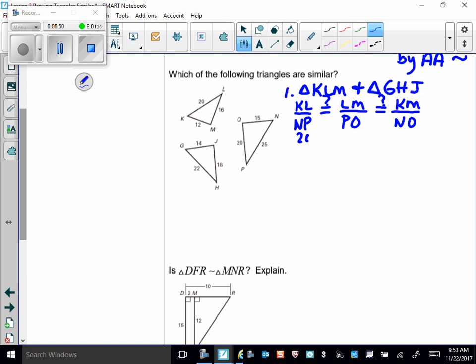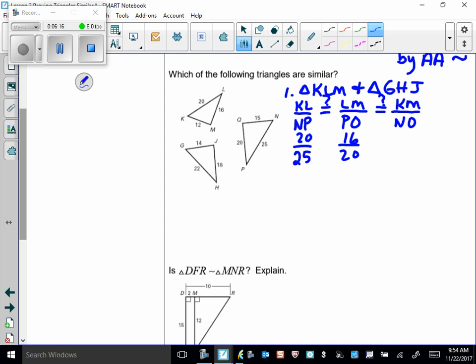KL is 20, NP is 25. Does that equal LM, which is 16, over PO, which is 20? Wait a minute. That might be a Q. I don't know. KLM.